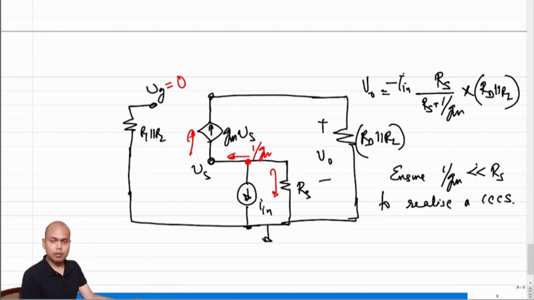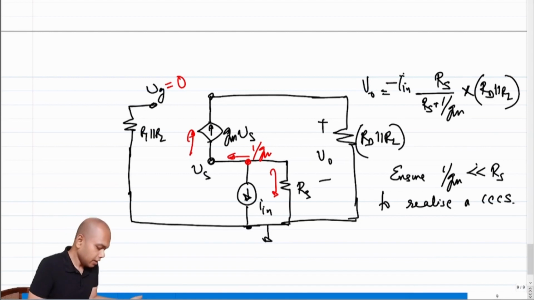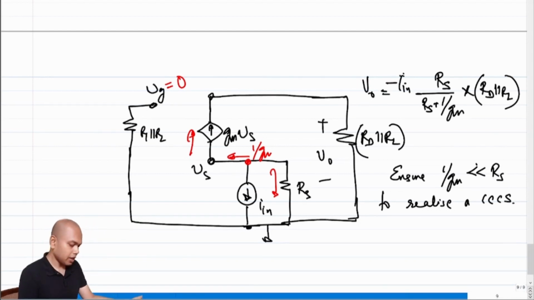Why are we not bothered about the output side? We are not bothered because we know the output impedance is anyway infinite looking into the drain. One might argue that the presence of RD has reduced the output impedance, sure, but I can always increase the value of RD, right, and get things done.